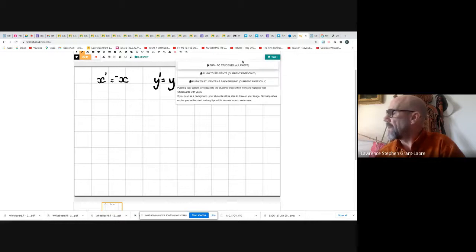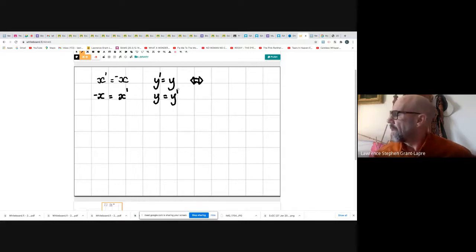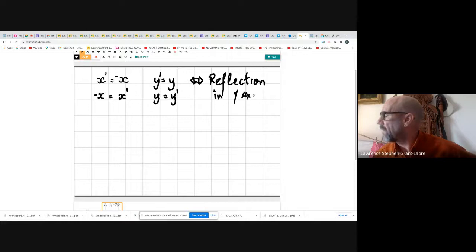Who can tell me? What is that transformation? Too slow. Reflection in the y-axis. You can't remember that? We did that 5 minutes ago. Does that look familiar? Yeah.